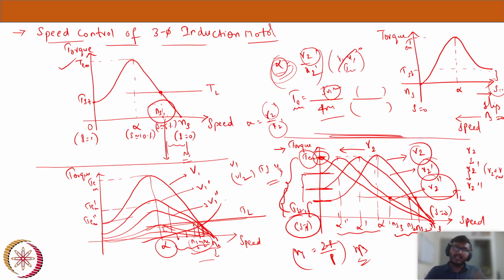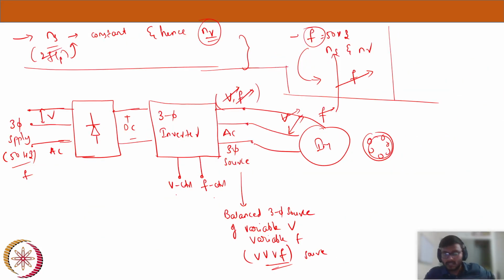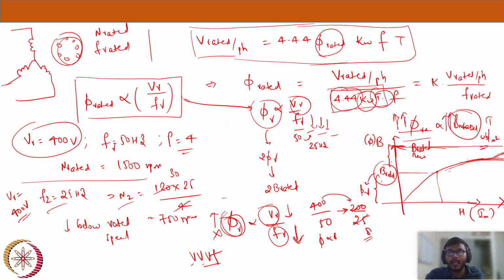With those disadvantages, we moved to the advanced power electronic based speed control, and how we can achieve variable voltage and variable frequency from a three-phase 50 hertz supply. Once we have this supply, we saw how to achieve speed control below and above rated speed, and the basic conditions to follow.